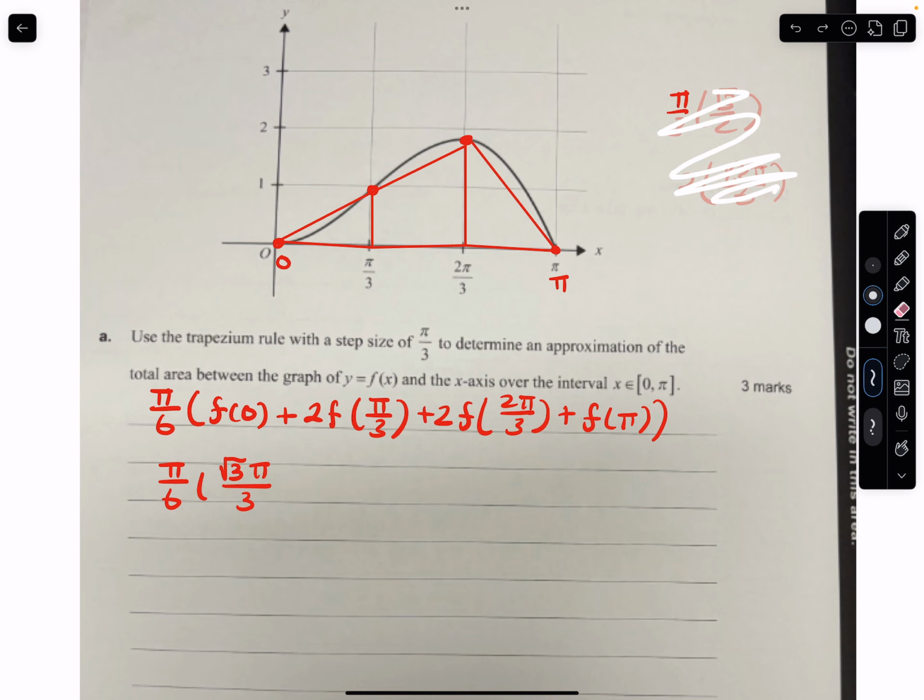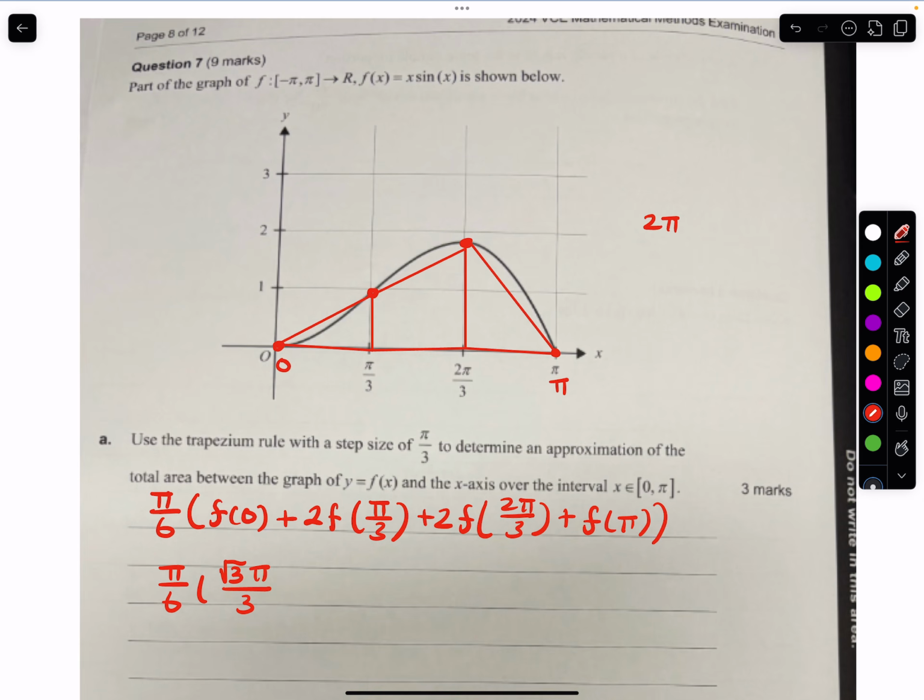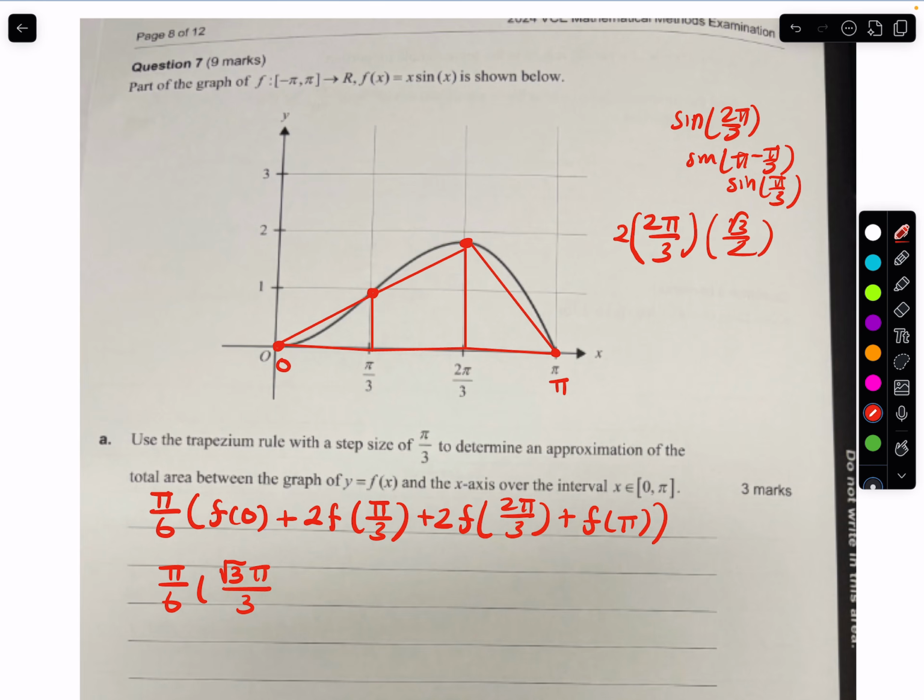Next one is 2f of 2 pi on 3. So what's first f of 2 pi on 3? So it'll be 2 pi on 3. Don't forget that 2 here. I'm going to just leave it there. And then sine 2 pi on 3. What's sine 2 pi on 3? So sine 2 pi on 3, you can write it as sine of pi minus pi on 3, which is in that right quadrant. So yeah, it's the same as sine pi on 3, which is root 3 on 2.